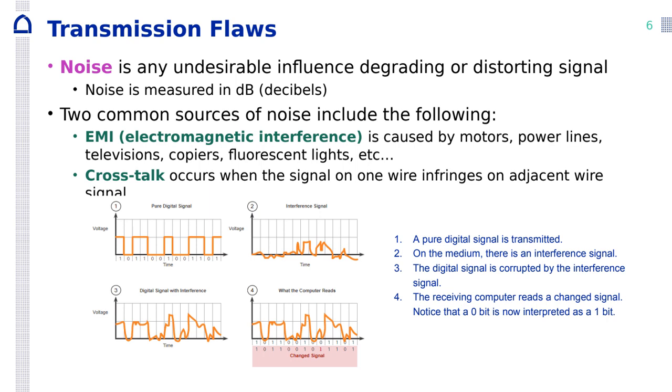That's why it's not good to put your network cable next to high voltage AC. Also, we have crosstalk. It occurs when the signal on one wire infringes on an adjacent wire. Signal infringes on the next wire, crossing from one wire to the other. We call this crosstalk. Okay.